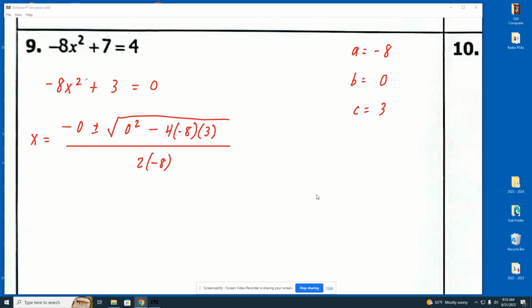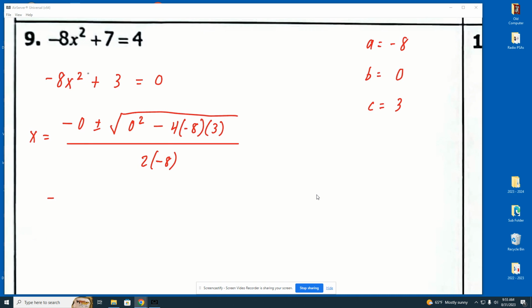So negative b plus or minus the square root of b squared minus 4ac, all divided by 2a. Do you remember the song? Okay, so let's clean up.